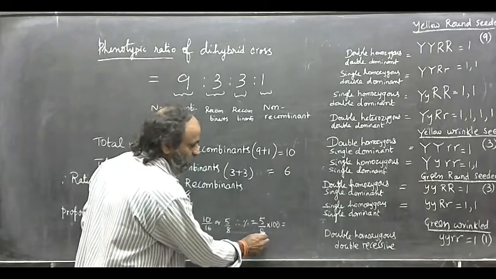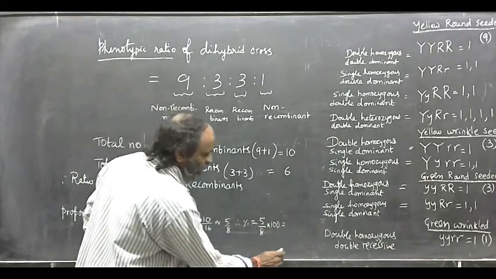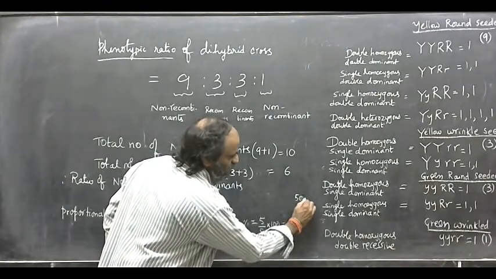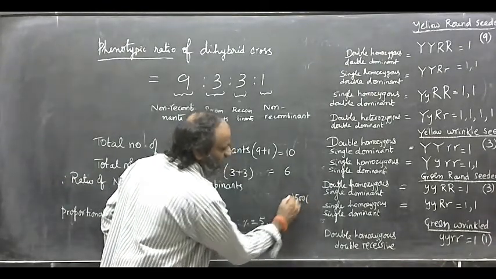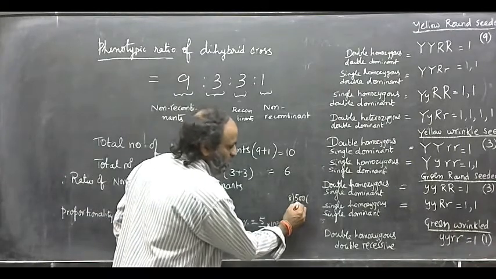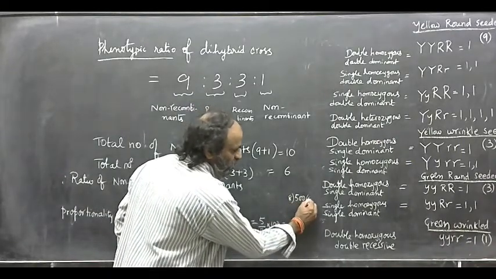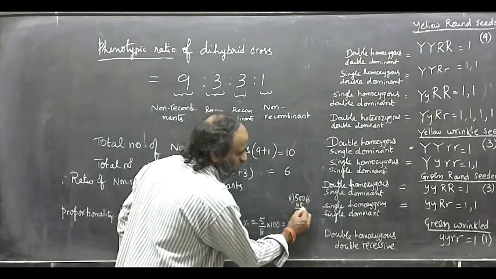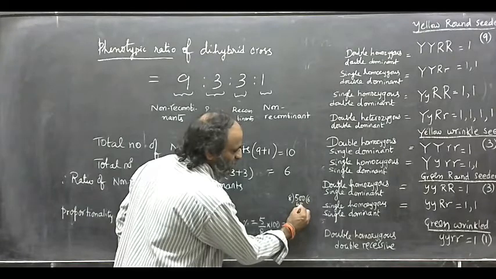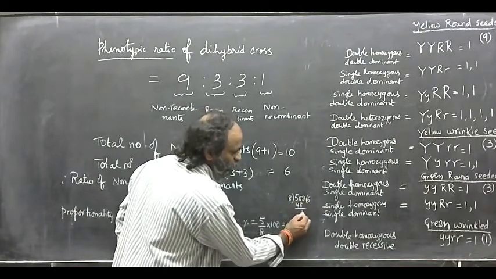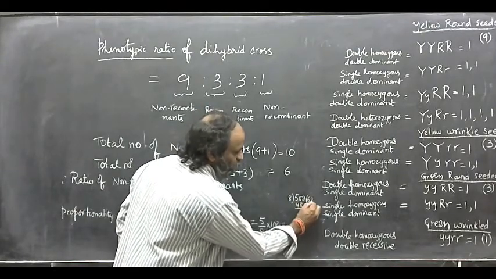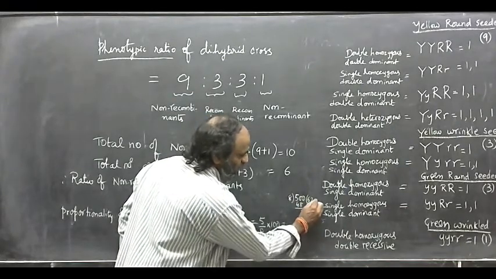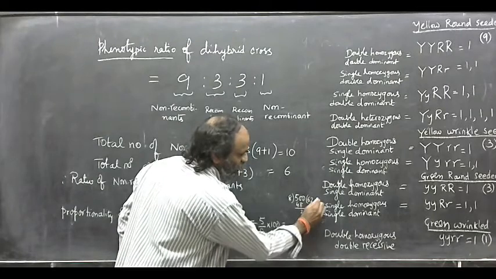What is 500/8? 8 6s are 48, it is 20. 8 2s are 16, 4 is the remainder, and 8 5s are 40.